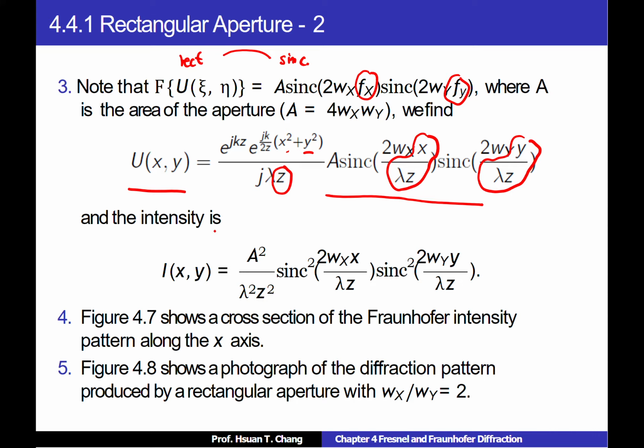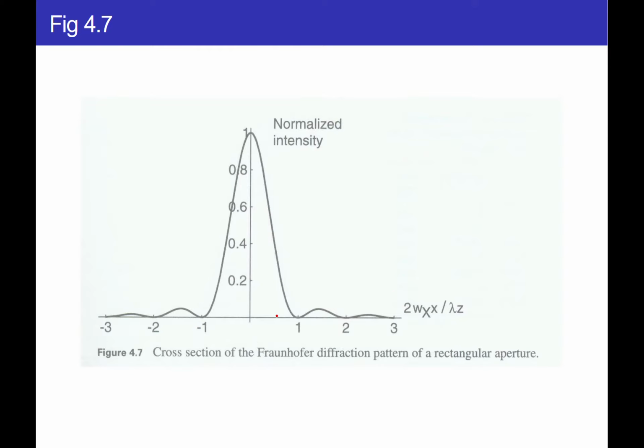And then the intensity is of course given by u times u star. You take the magnitude, then the exponential terms go away, and you get a squared over lambda squared z squared, times sinc squared. Let's have a look at it. If we normalize this on the horizontal axis, we have this kind of sinc function.